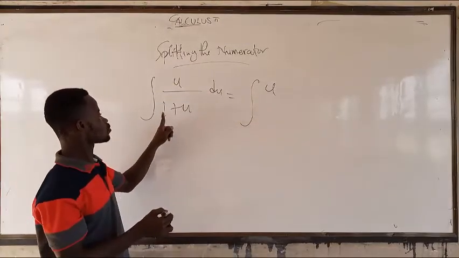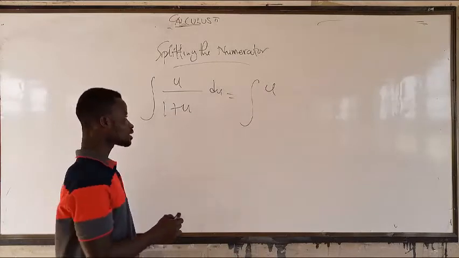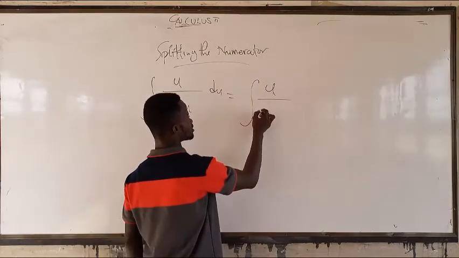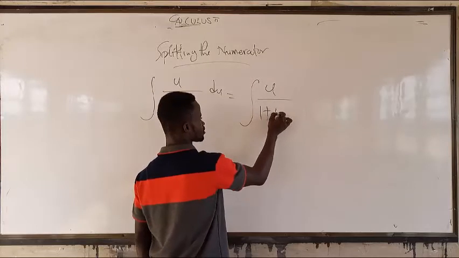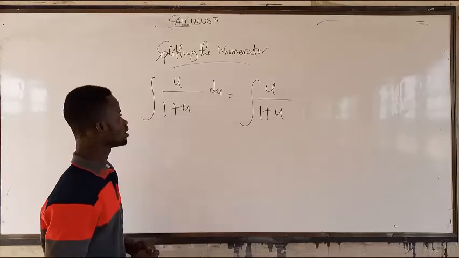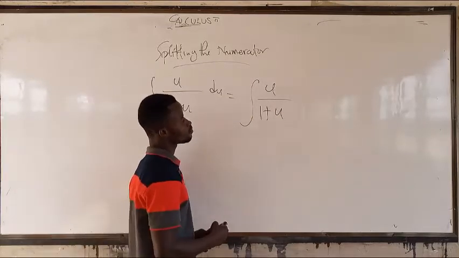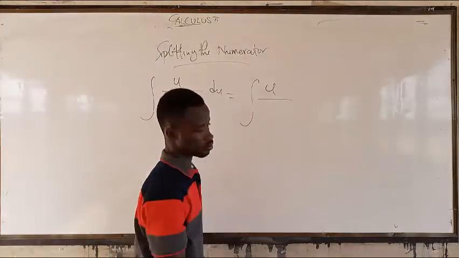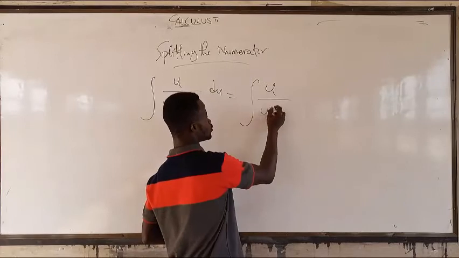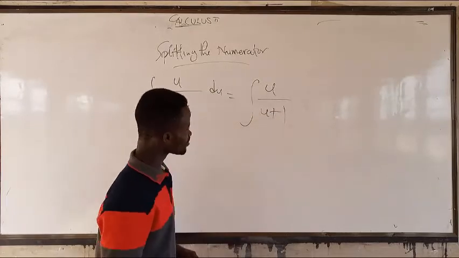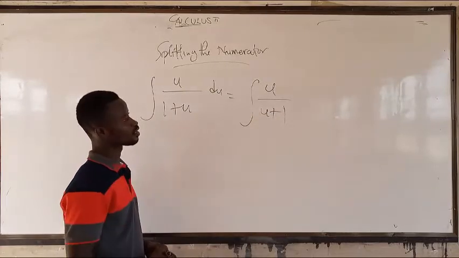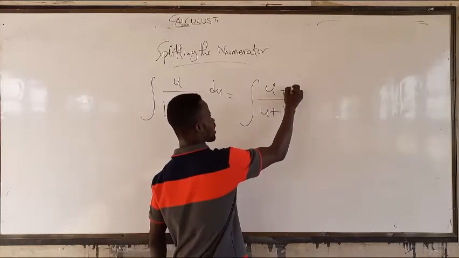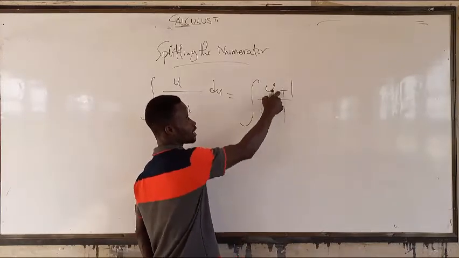Now you can see this is 1 plus u. We can write it as u plus 1. Then I will add 1 here so that I will get the same here.